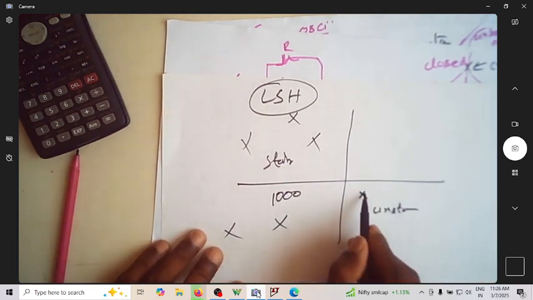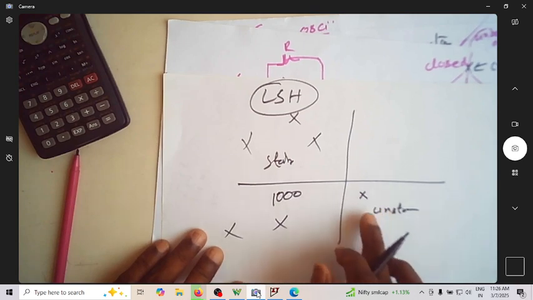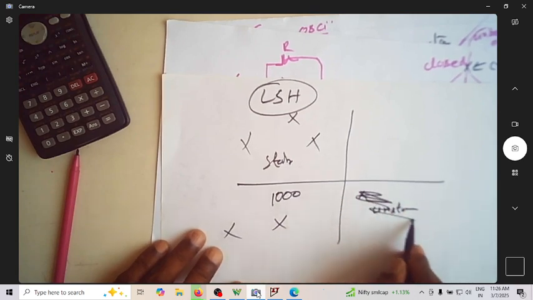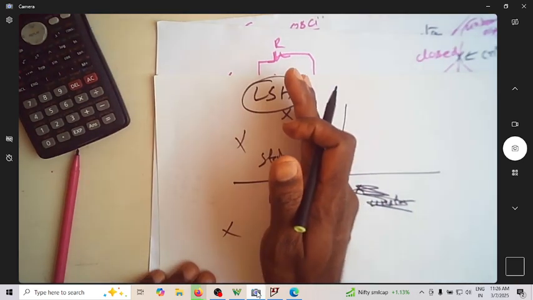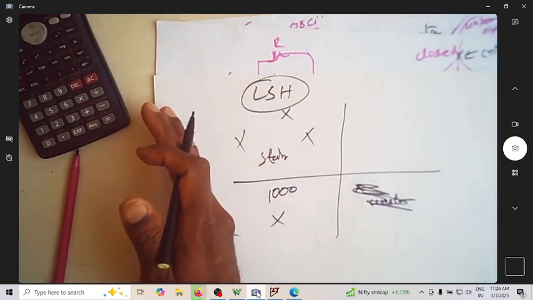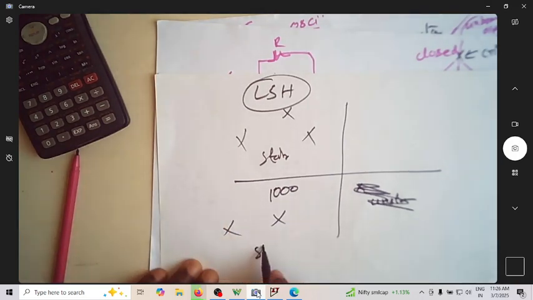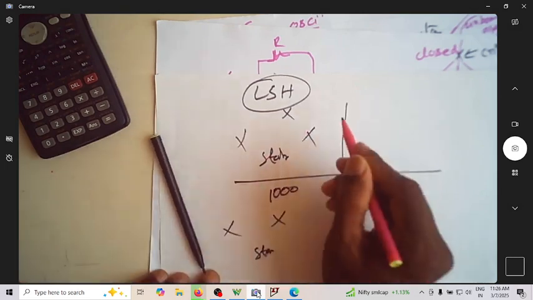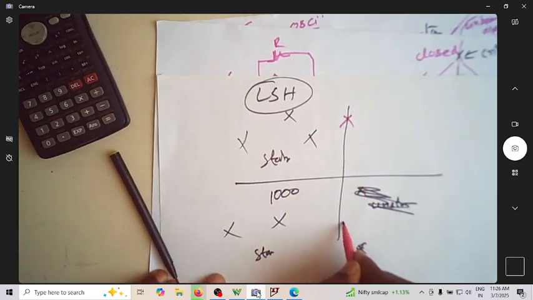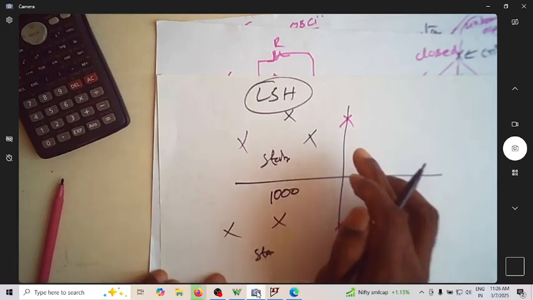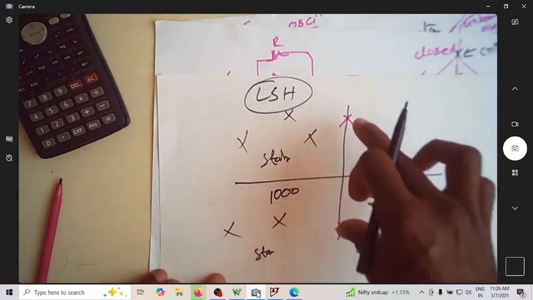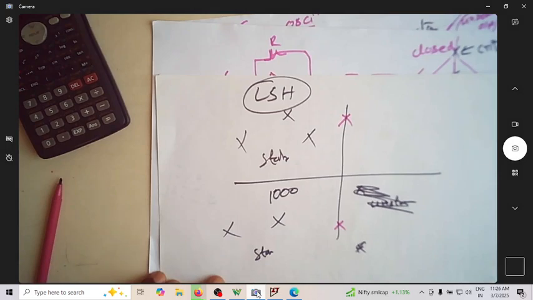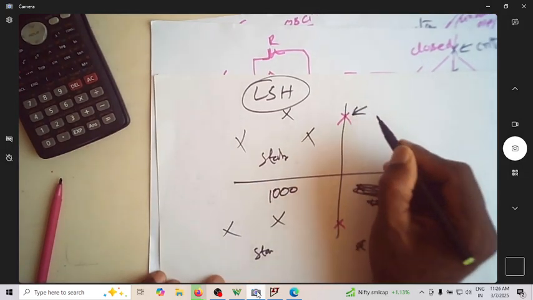Even if thousands are there, all poles have to be on the left hand side for it to be stable. If one goes to the right hand side, the system is unstable. For the system to be oscillatory, you have to have a pair of poles coming on the imaginary axis. One cannot come on the imaginary axis. It has to be always a pair. So this is critically stable.